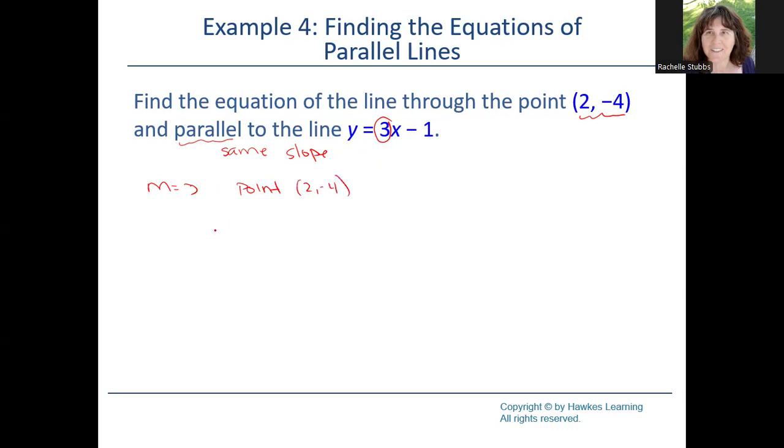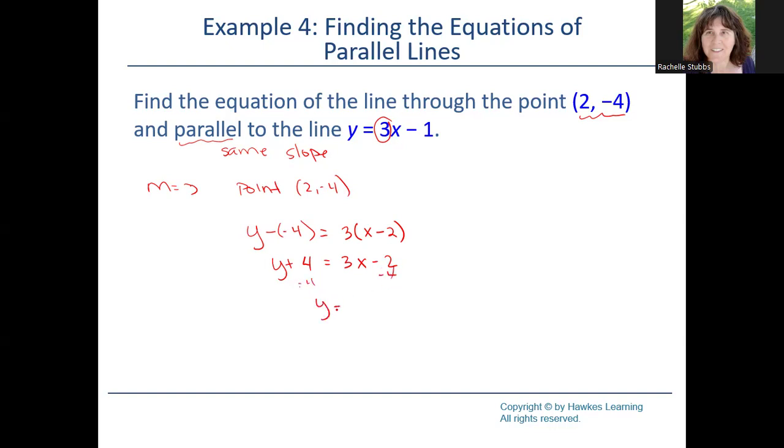Therefore, we can use the point slope form. So this is y1. So I have y minus a negative 4 equals our slope, which is 3 times x minus 2. And this really becomes y plus 4 equals 3x minus 2. We can subtract 4 from each side.